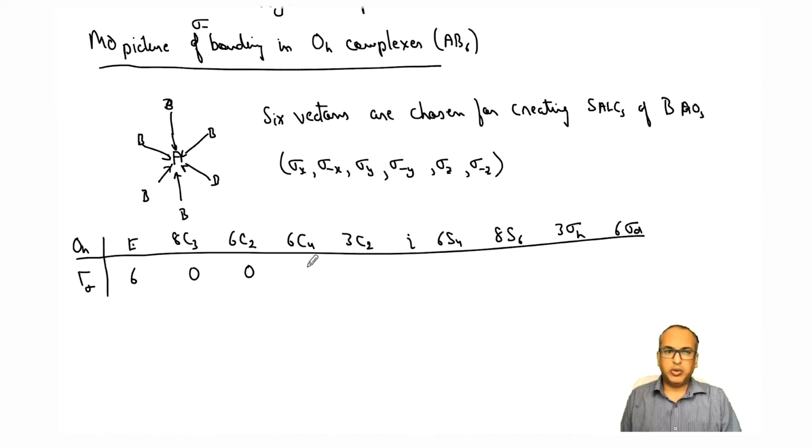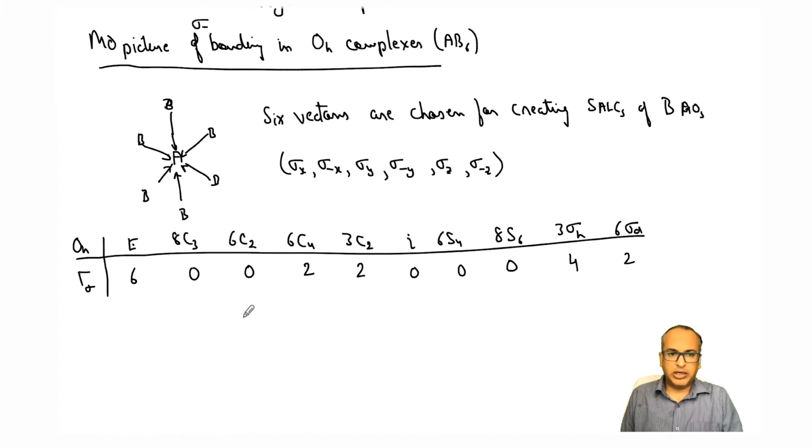C4, 2 of them will not move, opposite vectors will not move, so 2. C2, this is the C2 where again two opposite ones will not move. In I, everything will move. S4, everything will move. Sigma h, 4 vectors will not move, which are in plane, so 4. Sigma d, 2 vectors will not move, right?